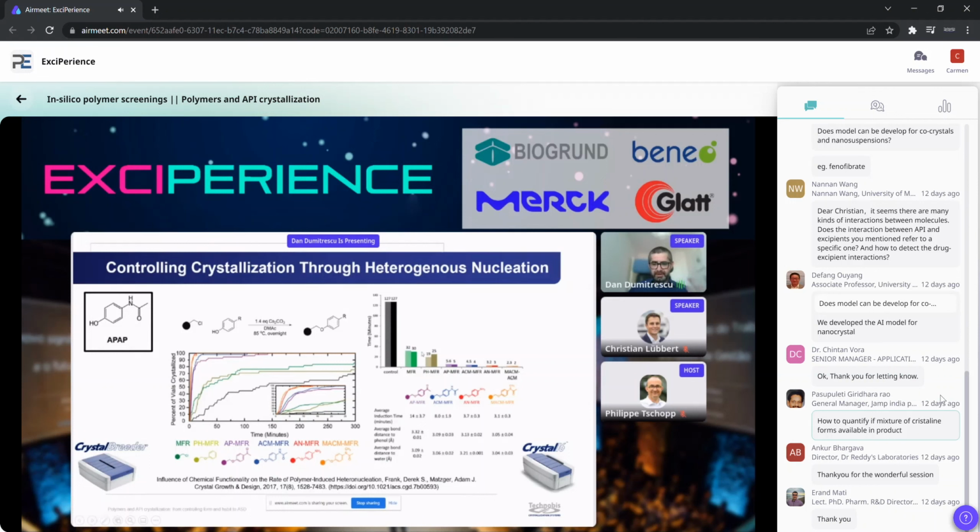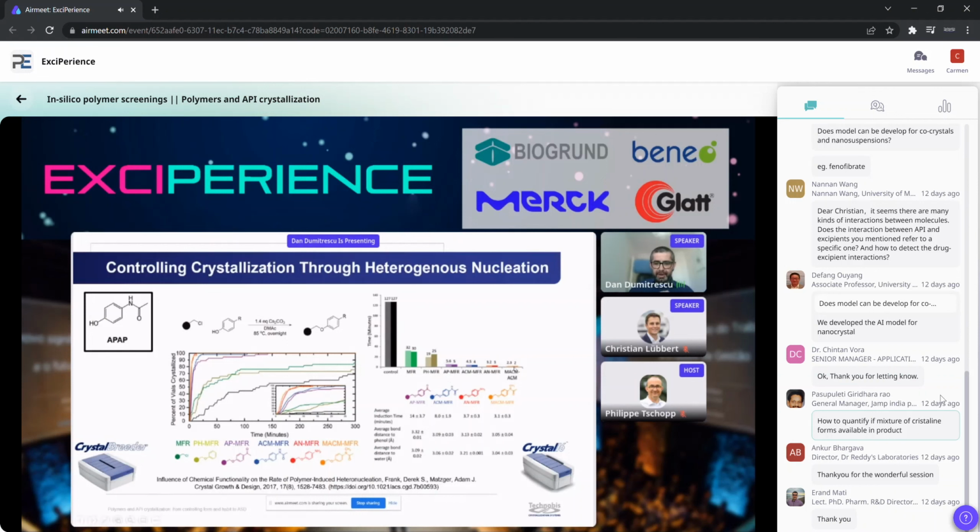The beauty of this is, again, coming back to the basics, to the intermolecular interactions. If you want to do heterogeneous nucleation, you want to have your API molecule sticking to the resin surface and nucleating there.